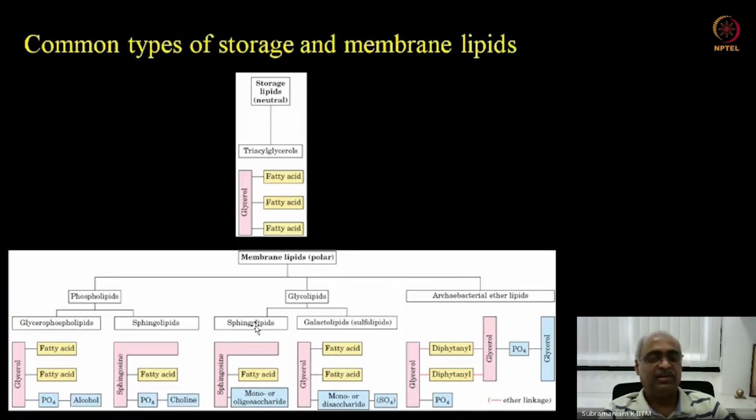Then you have the sphingolipid. Instead of the phosphate group, you could have an oligosaccharide attached, and they are the sphingoglycolipids. So this is a phospholipid group where the phosphate becomes part of it. And here the oligosaccharide is the hydrophilic group, and therefore these are glycolipids.